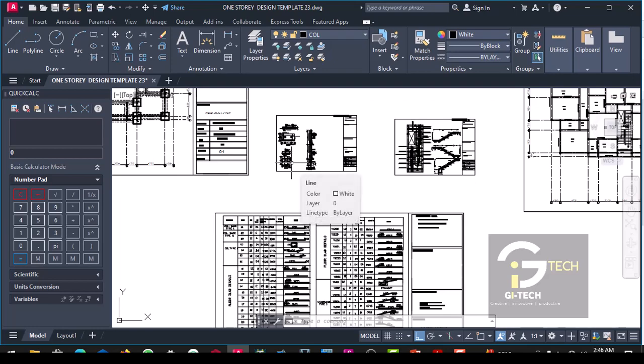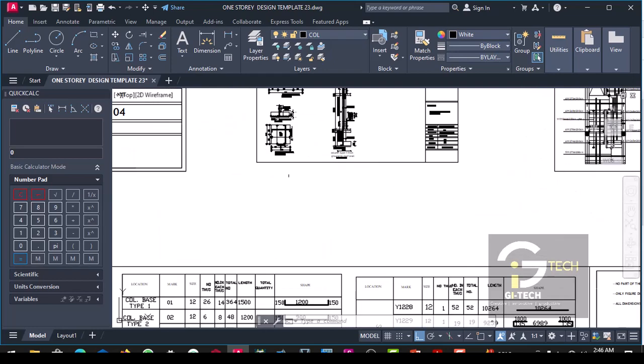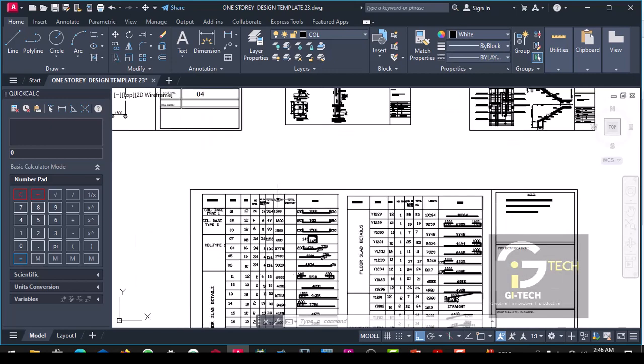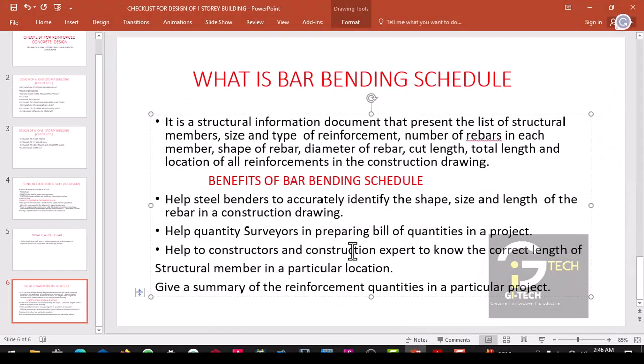Before we go into the practical demonstration of how to prepare bar bending schedule, let us first and foremost look at what bar bending schedule is. So, what is bar bending schedule?